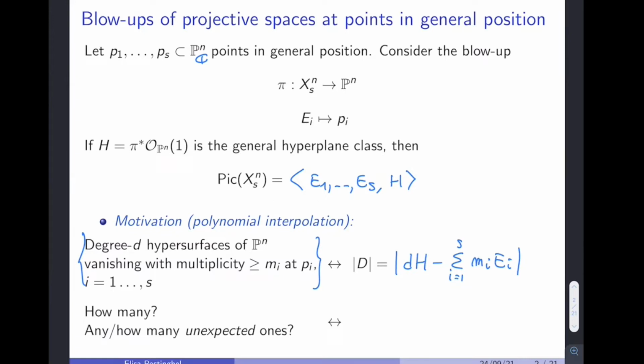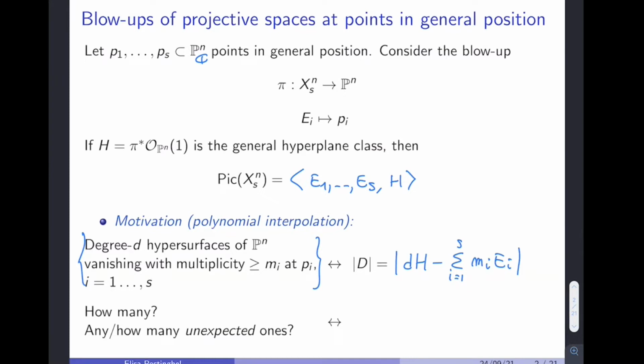So it's what we can call a polynomial interpolation problem, to ask how many of these polynomials do we have. And up to multiplication by scalars, there is a one-to-one correspondence between such hypersurfaces of degree d with points of multiplicity m_i and the linear system of divisors D defined this way.